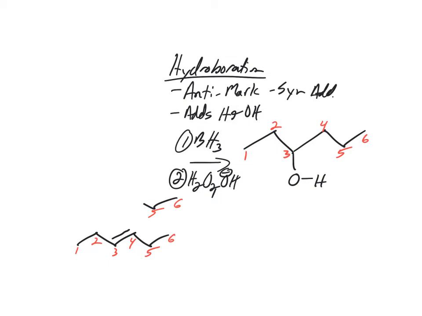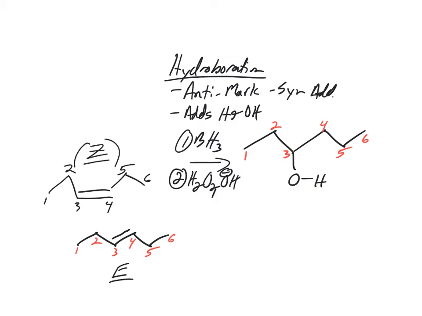I had drawn the trans, that's easy to draw, or the E. Can I draw the Z? To draw the Z, I start like this. So that's carbon 3, that's carbon 4, and carbons 1, 2, 5, 6. So here is the E alkene, and here is the Z. And both of these will give only this product.